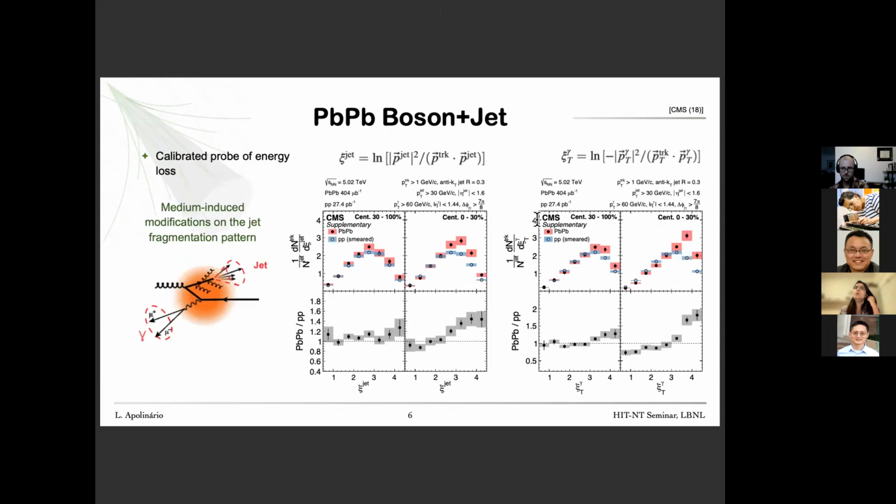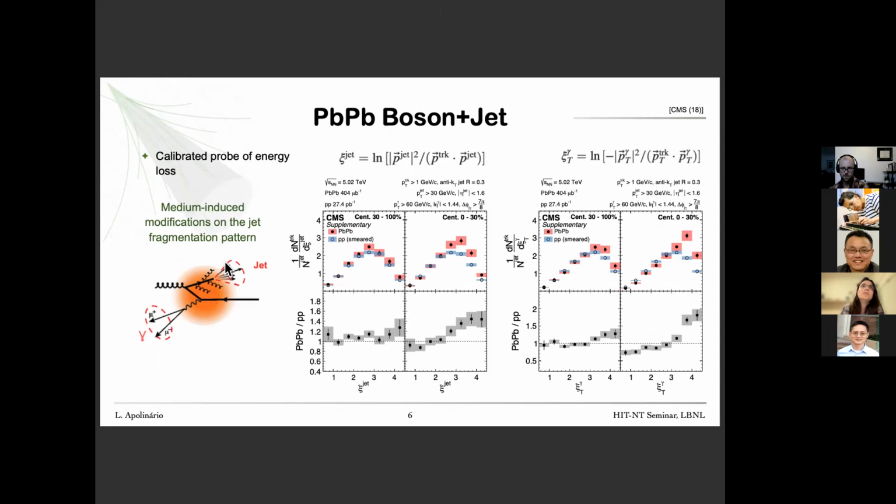So up to now, the best probe of energy loss, our golden channel, remains to be the boson plus jet, in which we have the boson on one side that is a good proxy for the initial energy of my jet when it is produced.